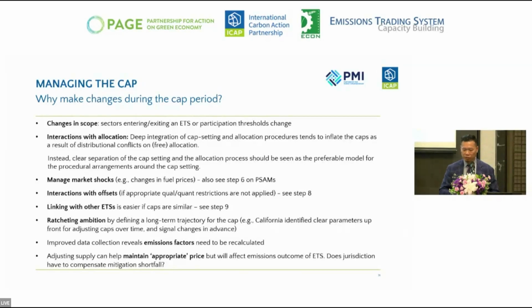And improve data collection and also adjust the supply to maintain the appropriate price. So all of this, we observe the market, we see there are necessary changes, and then it also reflects on the cap.